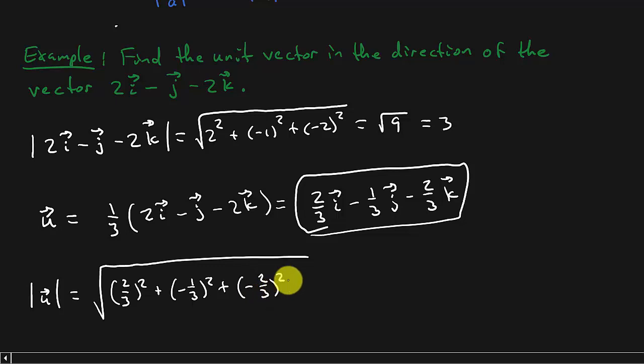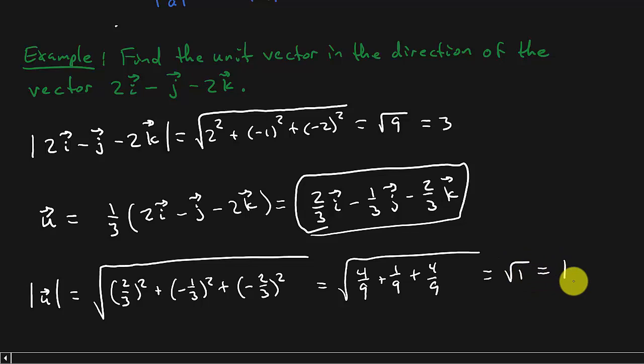Now this isn't part of the problem either. I'm just showing you that it's going to equal 1. So this is what, 4/9, plus 1/9 plus 4/9, which gives me 9/9, which is the square root of 1, which is 1.